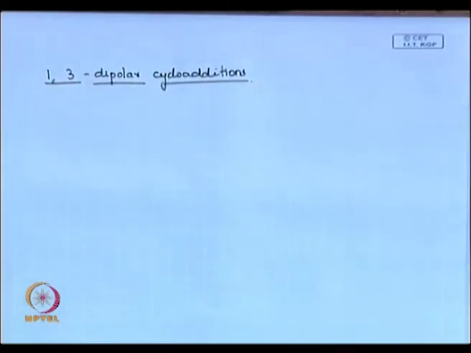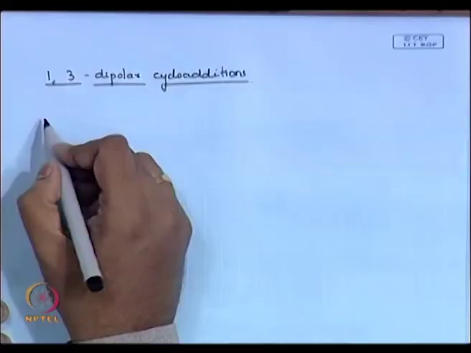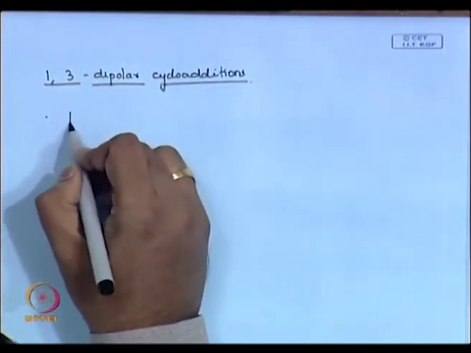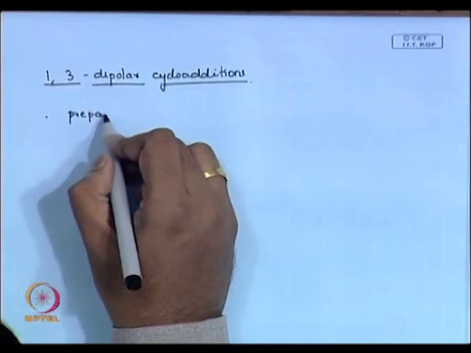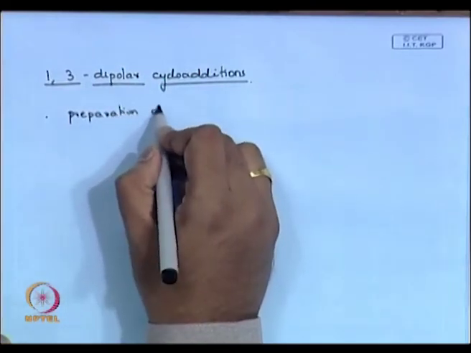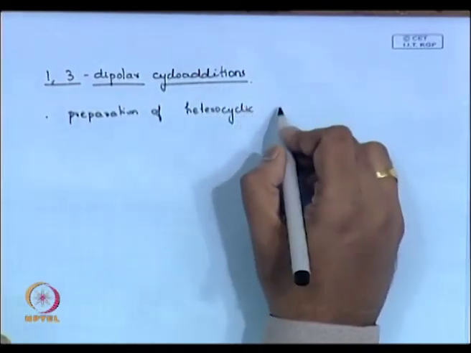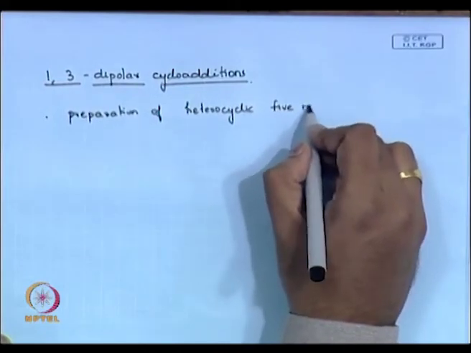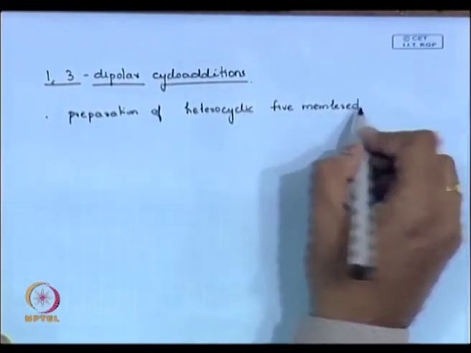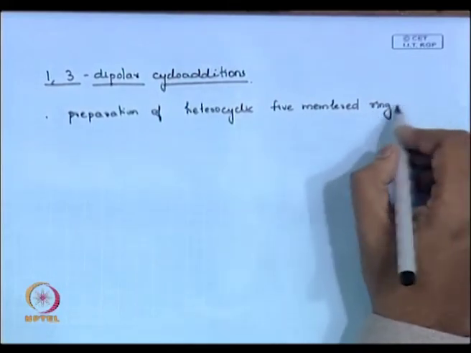Normally in Diels-Alder type reactions, you are trying to make 6 membered rings, right. You have a 4 pi system with an alkene, and you always try to make a 6 membered ring. 1,3 dipolar cycloaddition is very important because you try to prepare 5 membered heterocyclic systems.